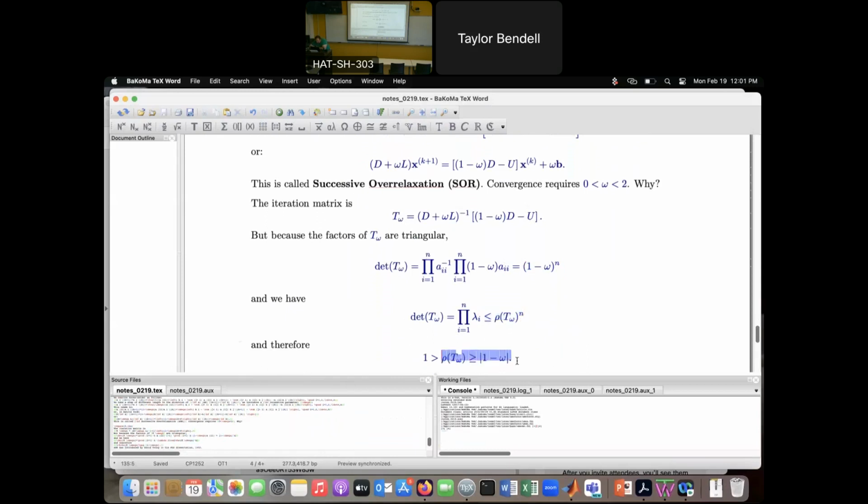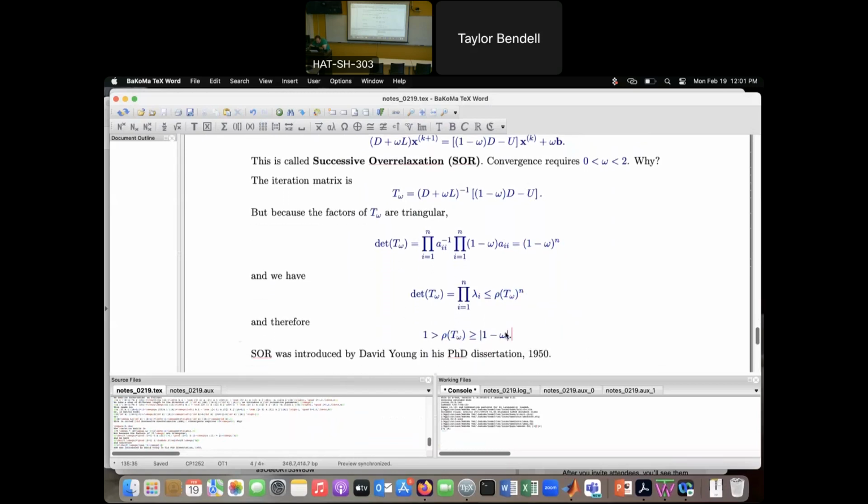So now I have this relationship. But the spectral radius has to be less than 1. So if I require this expression, the absolute value of 1 minus omega, to be less than 1, I have this condition: omega has to be between 0 and 2. Actually, it can be shown that if the matrix A is symmetric positive definite, then SOR is guaranteed to converge for any omega between 0 and 2. Okay. Questions about SOR?